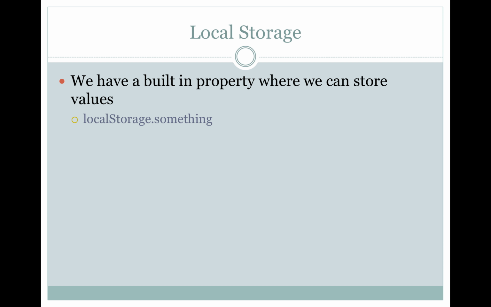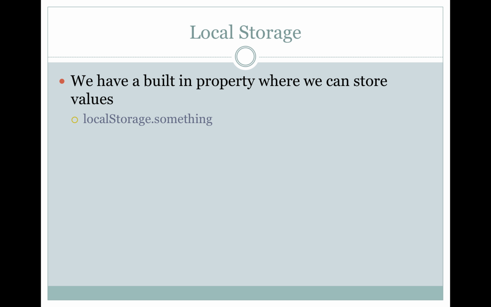In addition to cookies, we have another way of storing data, and that's a concept called local storage. In JavaScript, we have another special property called localStorage, nicely enough. Basically, we can treat it like a JavaScript object.